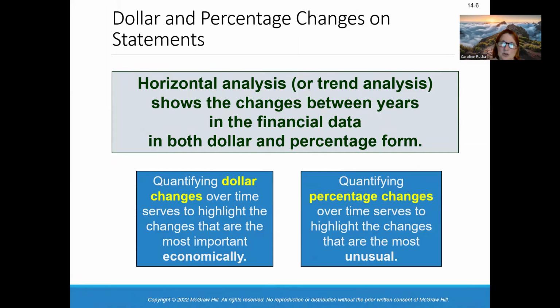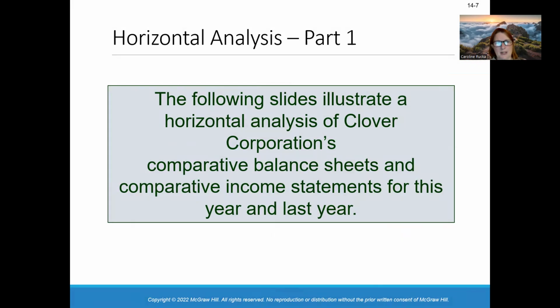And this can help you drill down on which of those changes are the most important economically. Also, if you describe the year-over-year changes in a percentage, that allows you to identify changes that are particularly unusual. All right. Better than raw numbers.